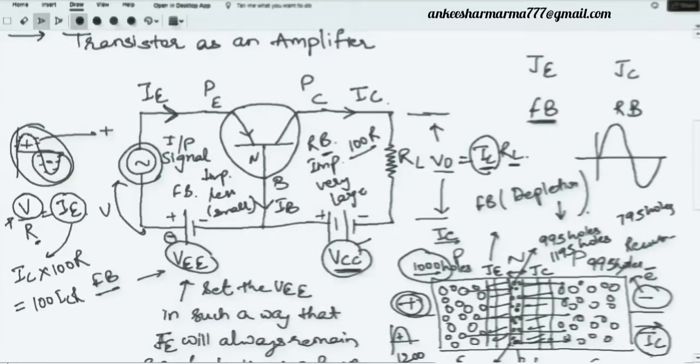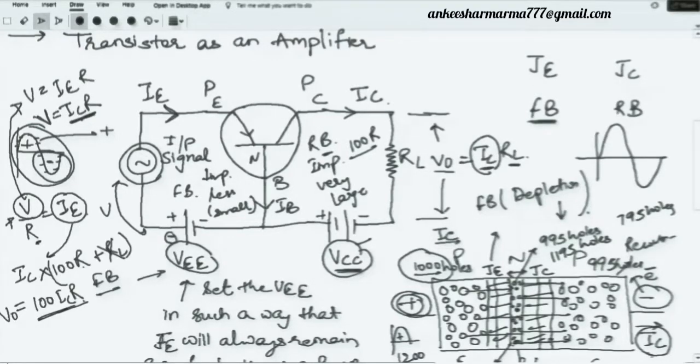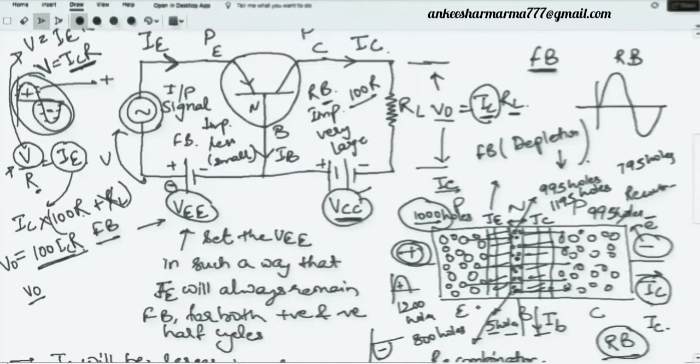So earlier my voltage was V equal to IE into R. Can I write IE equal to IC? So it is IC into R. That is the voltage I applied at the input. Now if I take the relation of my output voltage and input voltage, I will see that V naught by V will be equal to 100 into IC into R divided by IC into R, or I have got an amplification equal to 100.